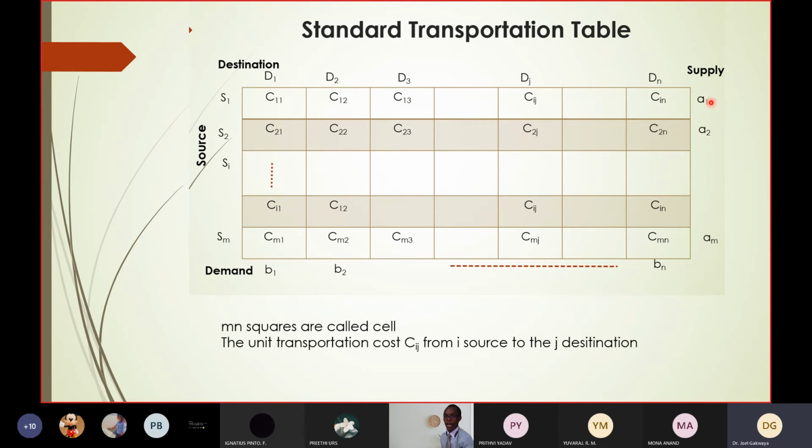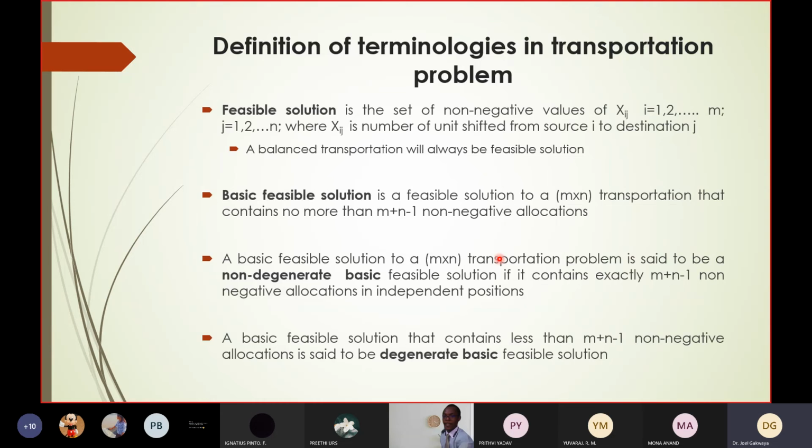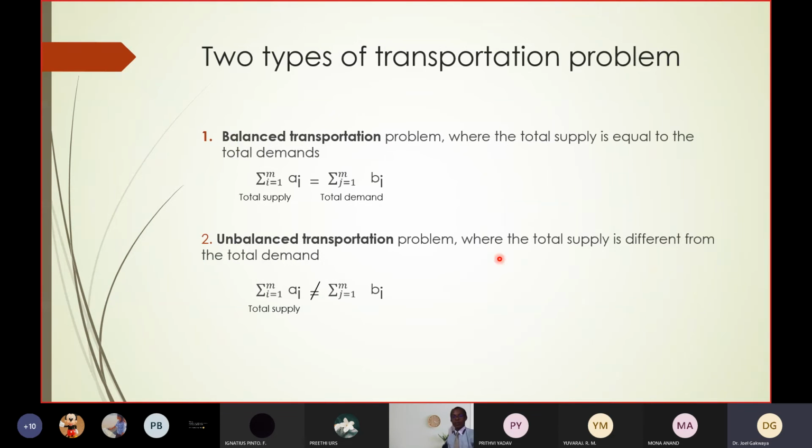If A1 plus A2 plus A3 plus A4 is equal to B1 plus B2 plus B3 plus B4, then we say the transportation problem is balanced. Second, we say unbalanced when the total supply is different from the total demand. Clear? So these are the two types.